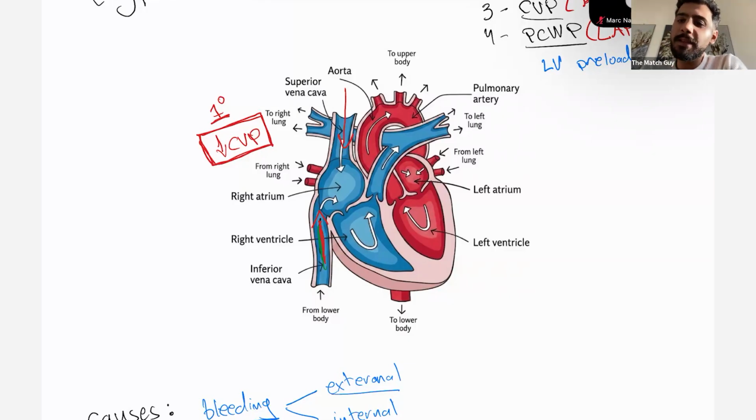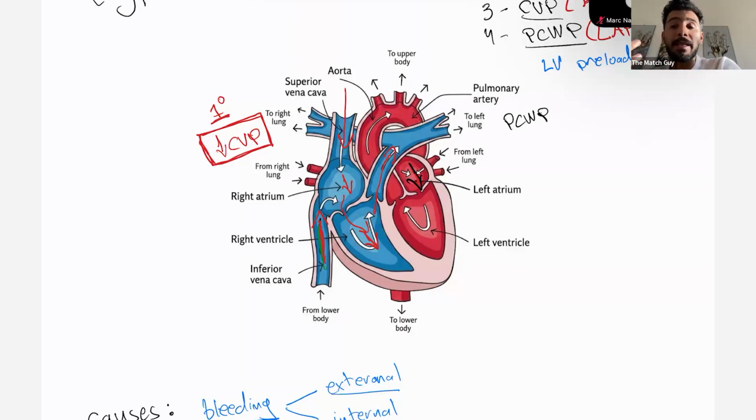Now, since you have less blood coming back to the heart, the right atrium is not going to fill with enough blood. This blood is going to move into the right ventricle, and also not a lot of blood is going to fill into the right ventricle. This is going to be pumped through the pulmonary artery, through the lungs, and then come back to the left atrium. But here is where the PCWP is also going to be affected. The PCWP, as we said, is the pressure that we measure in the pulmonary capillaries, or a surrogate for how much blood is coming back to the left heart.